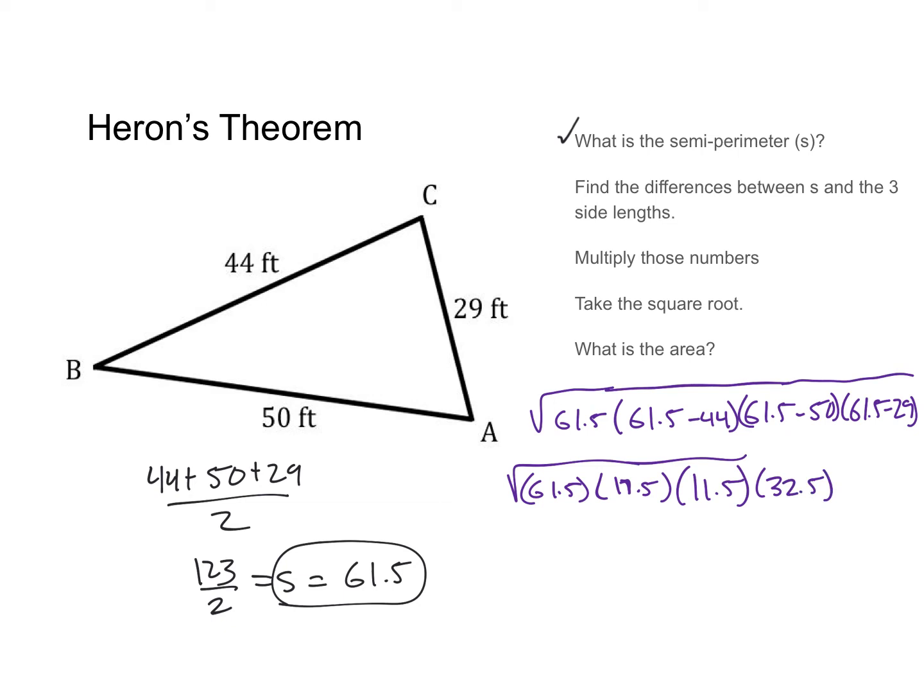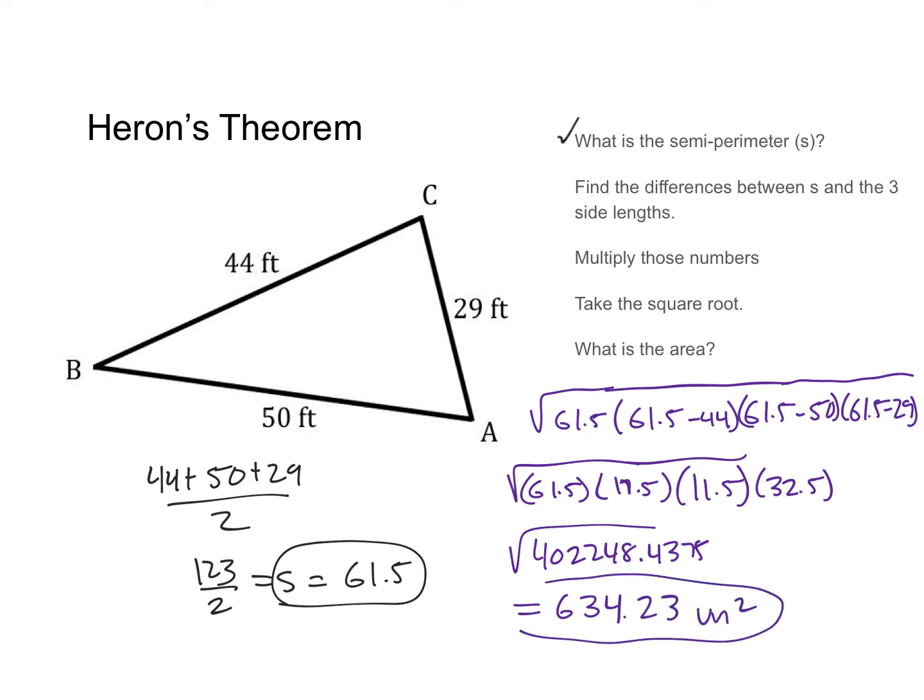So I'm going to multiply all those out. I get a very large number, something in the neighborhood of 40,248.4375. Take the square root of that, 634.23 units squared. That's going to be my answer.